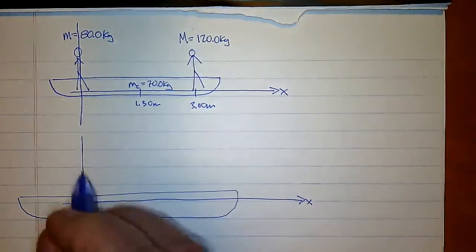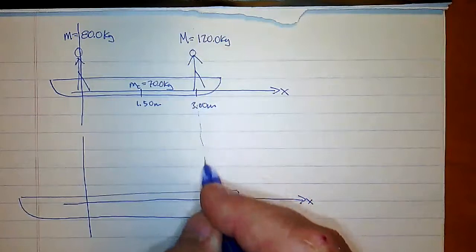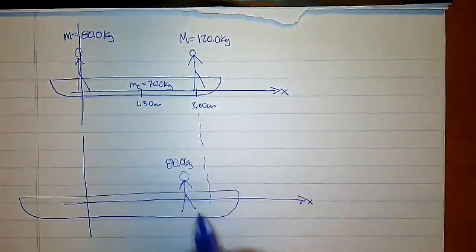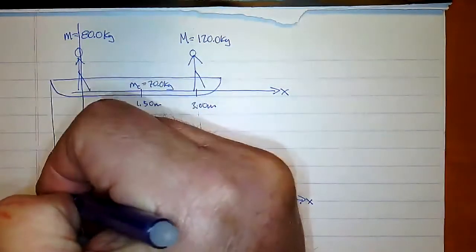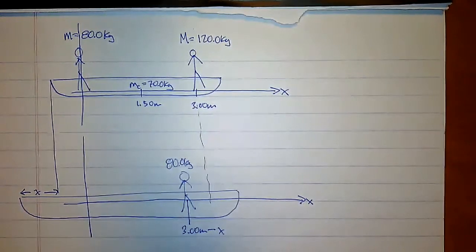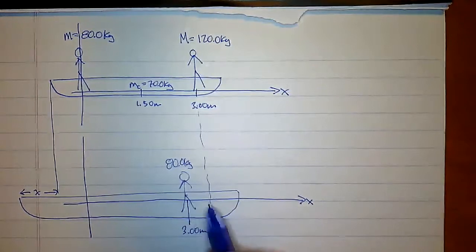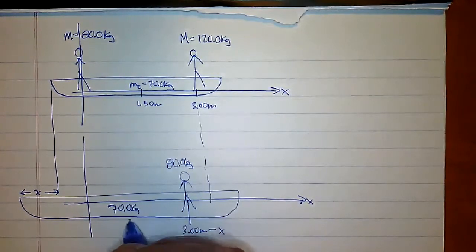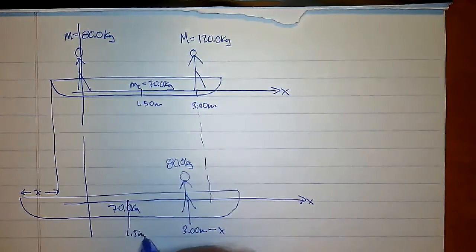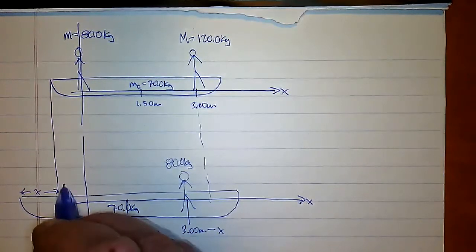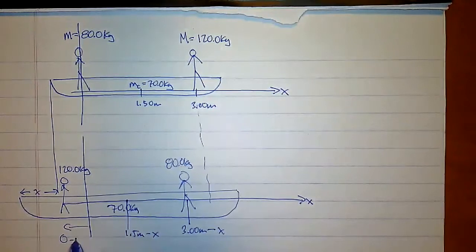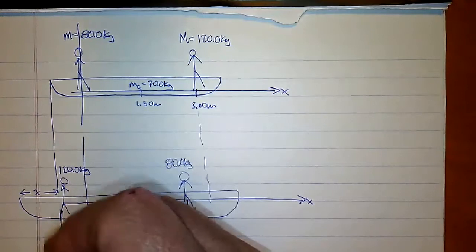And in fact, now what we have is what was 3 meters now has this person, which is the 80 kilogram person, at a position of 3.00 meters minus X. In other words, I'm assuming that the canoe in toto moved a distance X. So 3 meters is where they were, and now the person's at 3 meters minus X. Of course, the canoe, which is 70.0 kilograms, is now at a position of 1.5 meters minus X. And the person that is 120, they are now at a distance of 0 minus X. Okay, so that coordinate right there is 0 minus X.